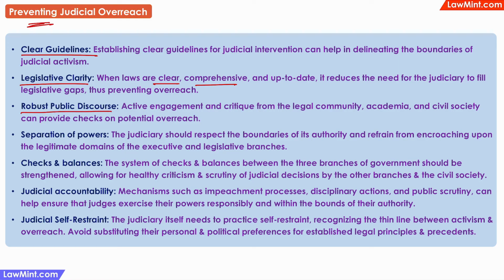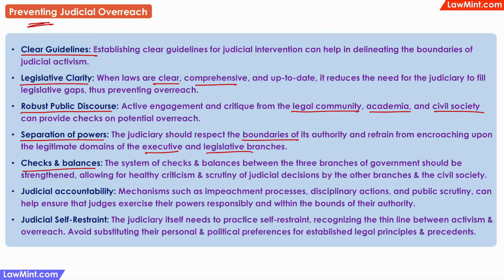Robust public discourse, which means that the legal community, the academia, and the civil society should comment on any actual or potential judicial overreach. Separation of powers, that is, the judiciary should respect the boundaries of its authority and should not encroach upon the domains of the executive and the legislative branches.